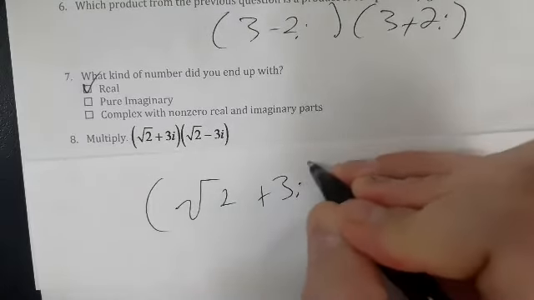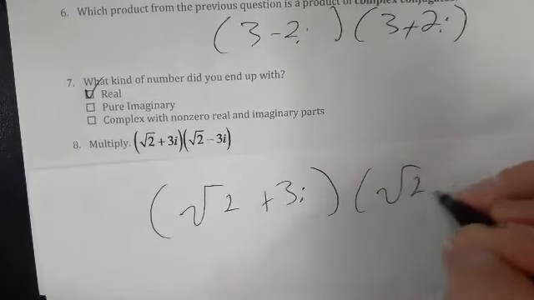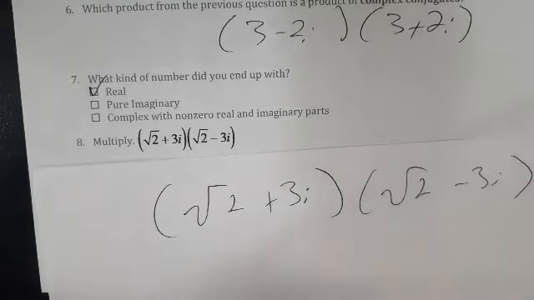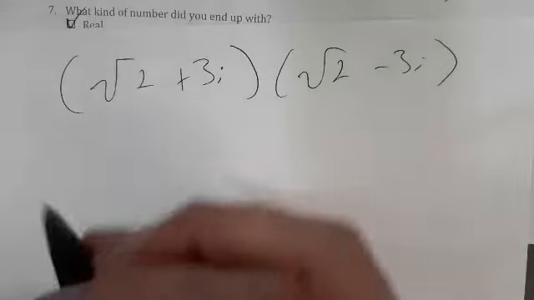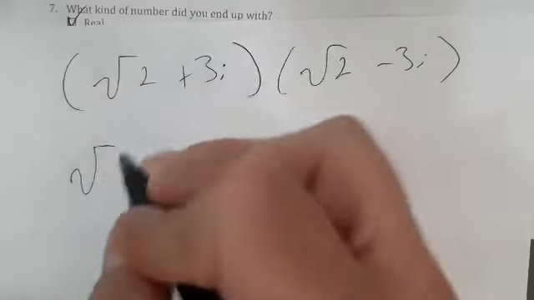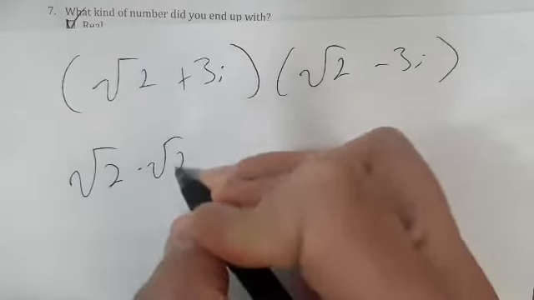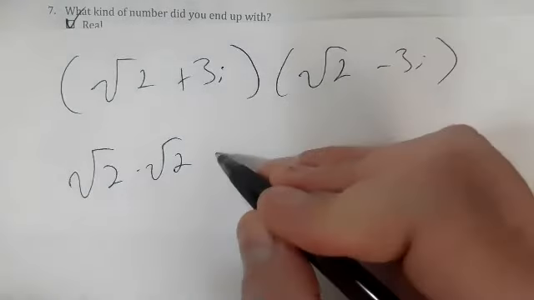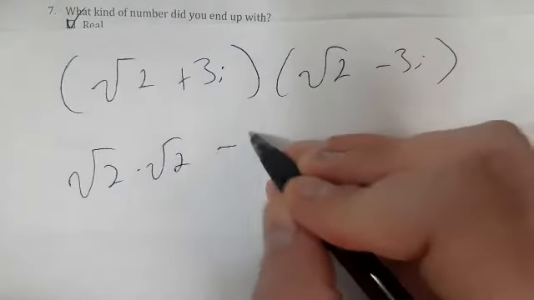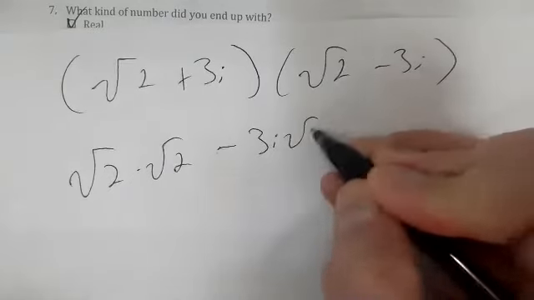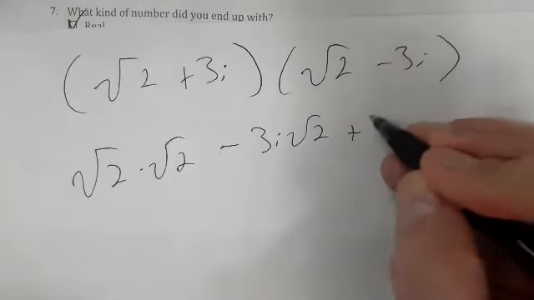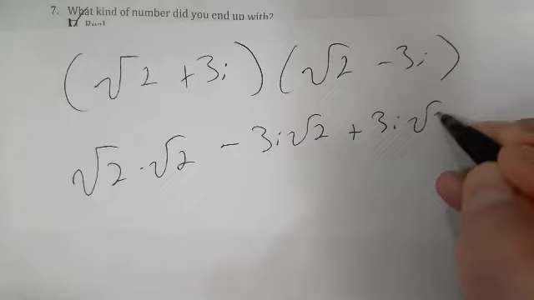Plus 3i. And maybe I'll write everything out just to be super annoying, and so everyone sees it. So root 2 times root 2 is the first thing that I'm doing. I'm going to do a minus 3i root 2. And I'm going to get a plus 3i root 2.